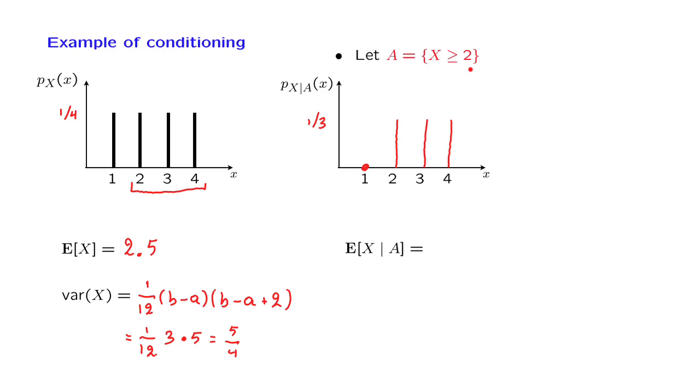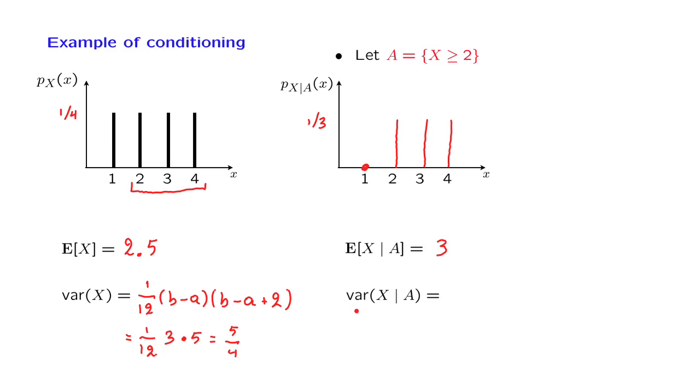The expected value of the random variable x in the conditional universe, that is, the conditional expectation, is just the ordinary expectation but applied to the conditional model. In this conditional model, by symmetry, the expected value will have to be 3, the midpoint of the distribution, and we can also calculate the conditional variance.